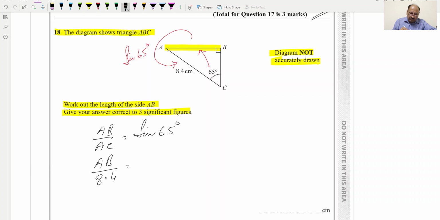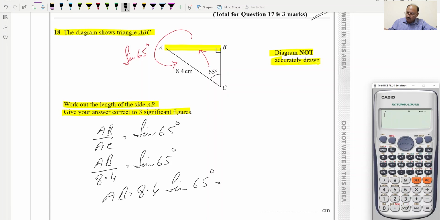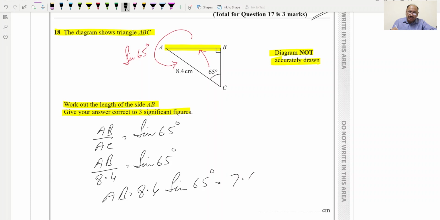So AB will be equal to 8.4 times sine of 65 degrees, and this is equal to 7.61. And keep in mind your calculator should be in degree mode for this question, and this is centimeters.